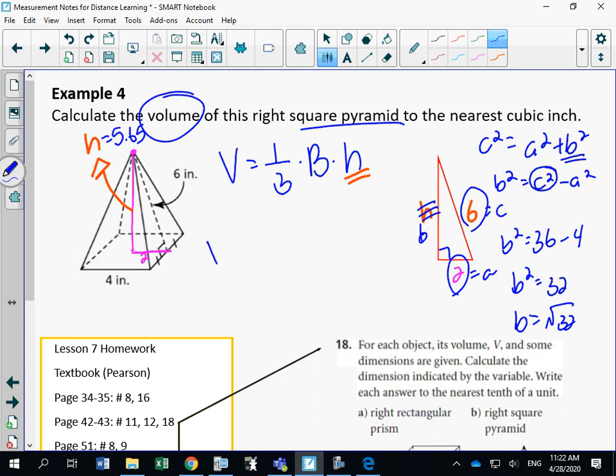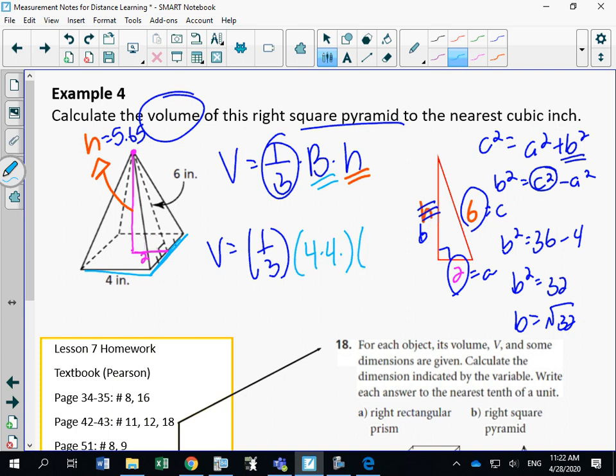Calculating the volume, it's 1/3, which goes in a bracket, times the area of the base, which would be 4 times 4 because it says it's a square pyramid, times that height, which was 5.65. So let's enter this all in our calculator.